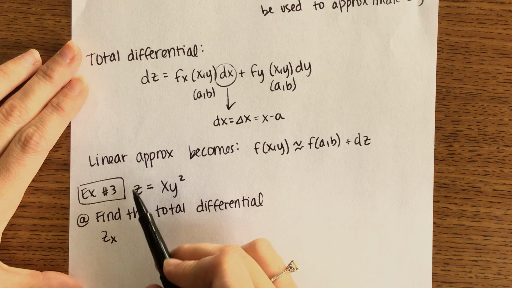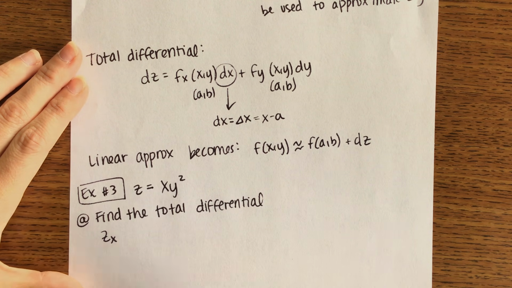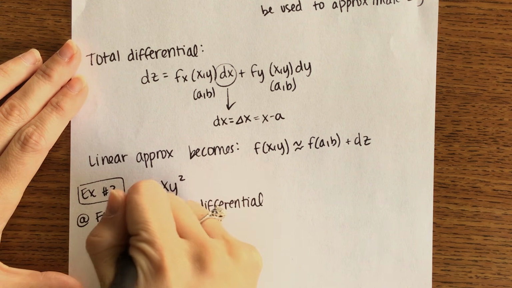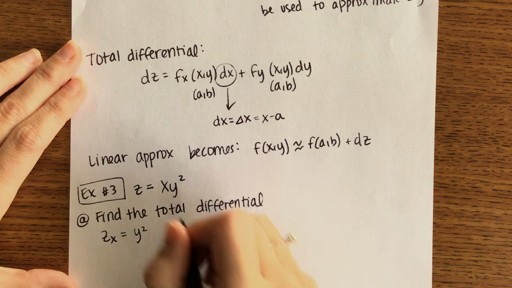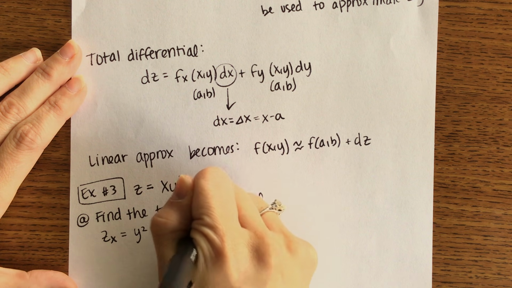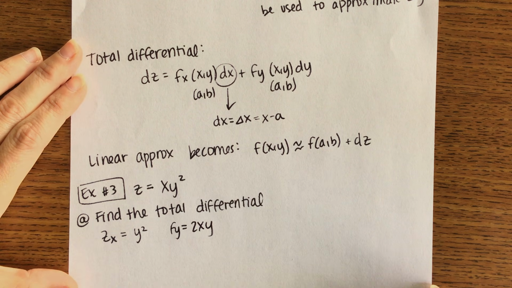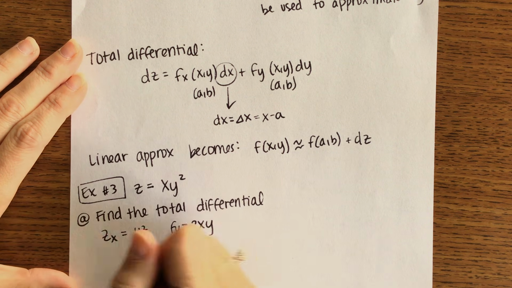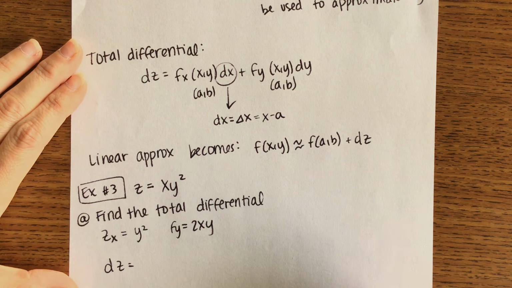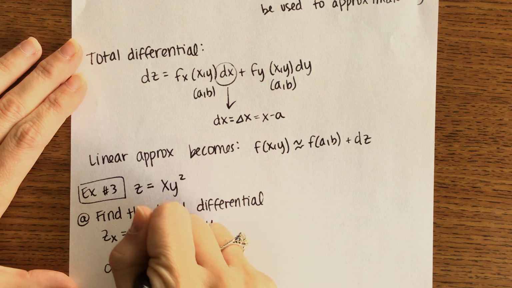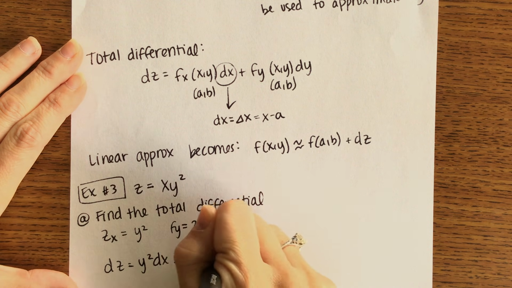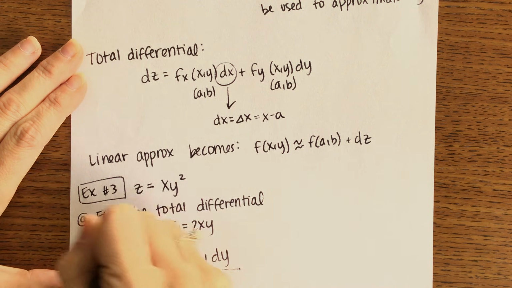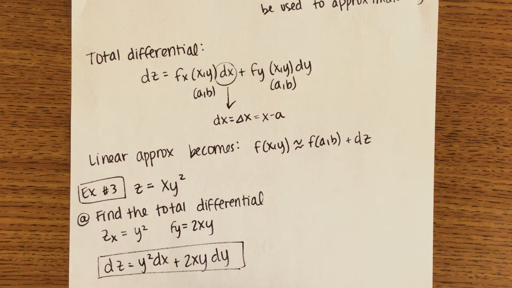I'm using z because we don't have an f, we have a z. First partial with respect to x will give us y squared. First partial with respect to y will give us 2xy. So the total differential then will be dz equals y squared dx add 2xy dy. We don't have any points to plug in, so we aren't going to plug in anything yet.